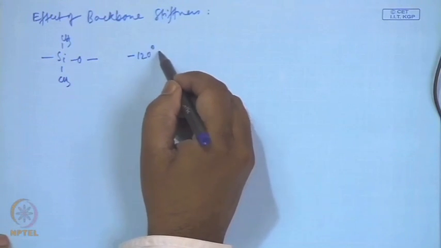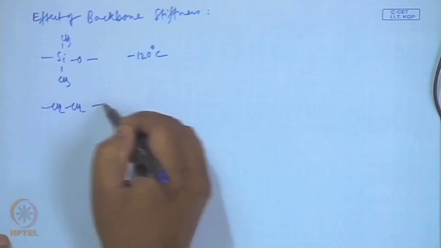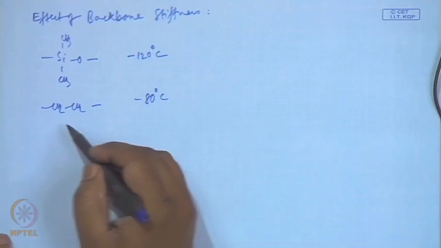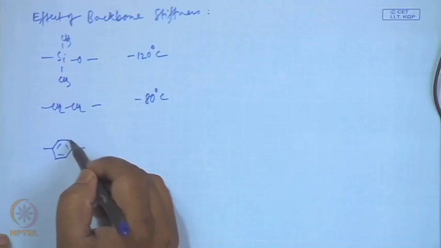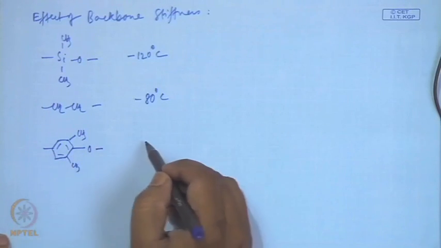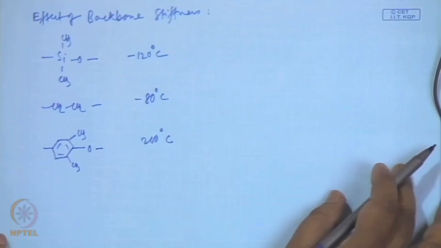This has a Tg of minus 120, polyethylene minus 80, and a much more rigid backbone, polypropylene oxide, PPO, 200 degrees centigrade.